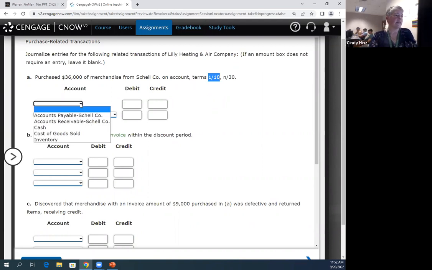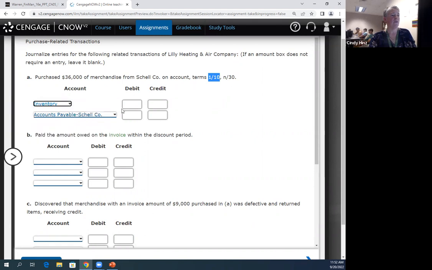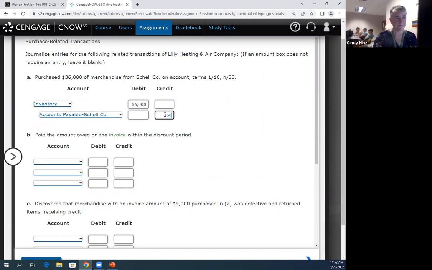But the reality is, at the time we buy the inventory, we owe them $36,000. And so we're going to record that we have $36,000 worth of inventory we didn't have before this purchase. And then we now owe Shell Company $36,000.